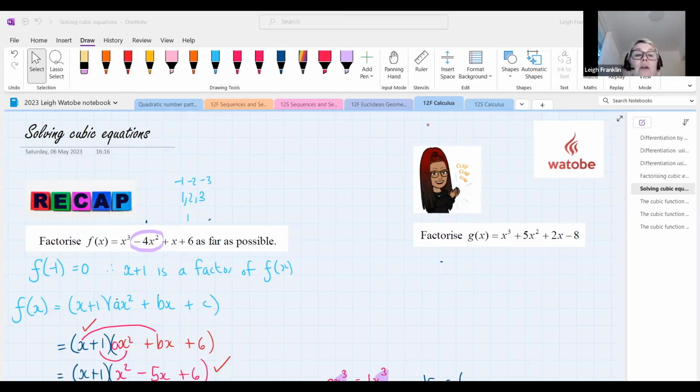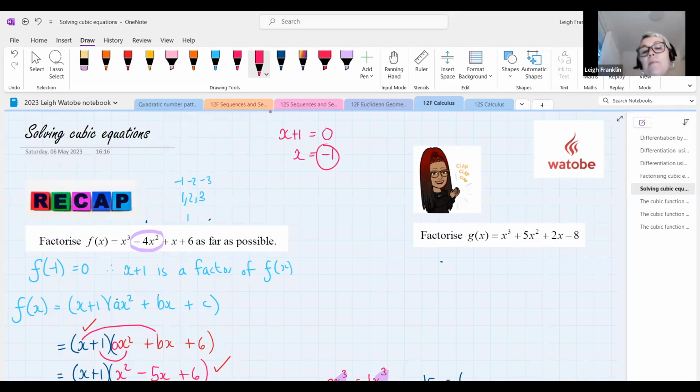When we spoke about the linear factor, we said that if we had something like x plus 1, we would make it equal to 0, then take the 1 over to the other side, and that would be the number that we subbed in. So if you get a 1 as a factor, you just write x minus 1. Correct. Whatever value you've got, the factor has the opposite sign.